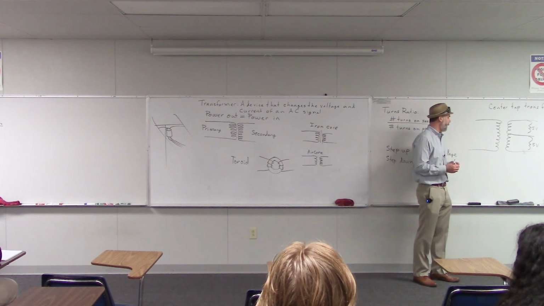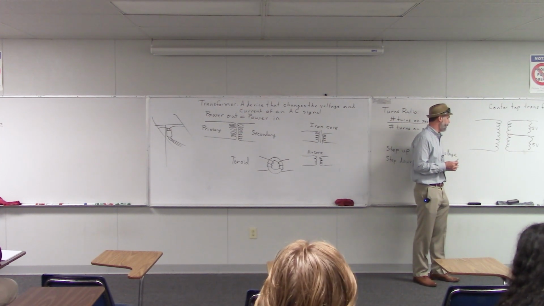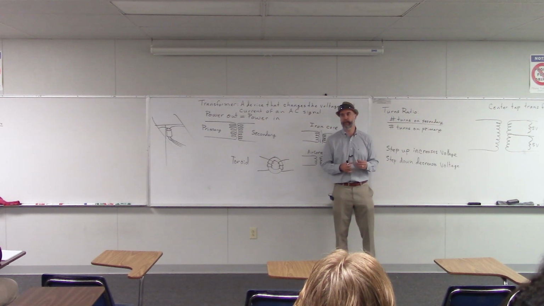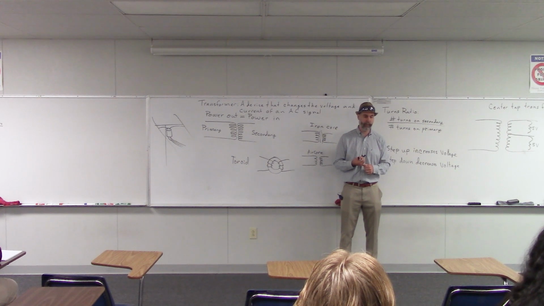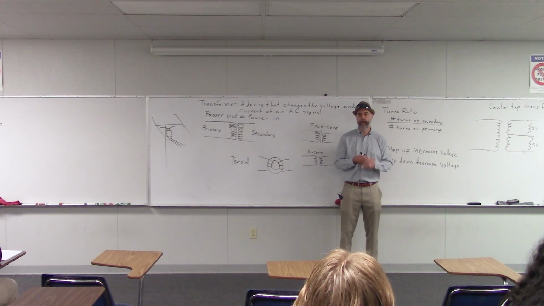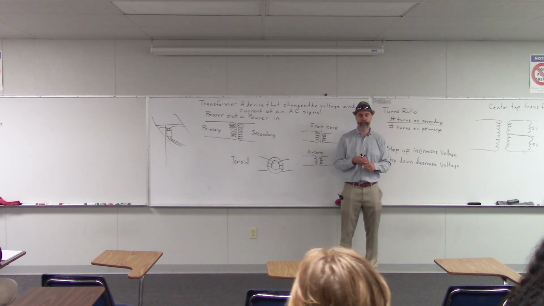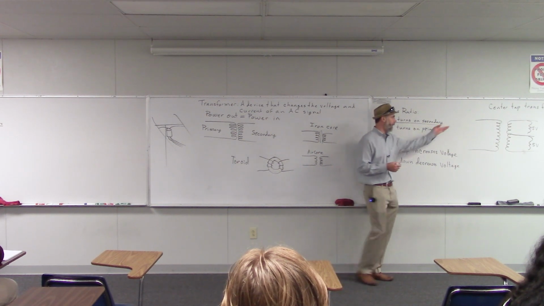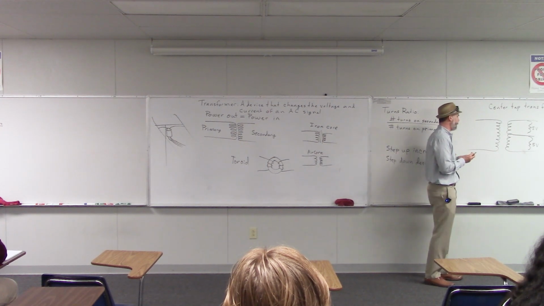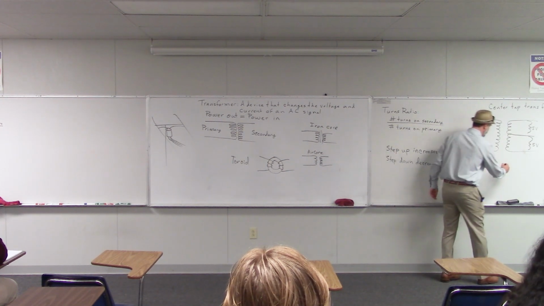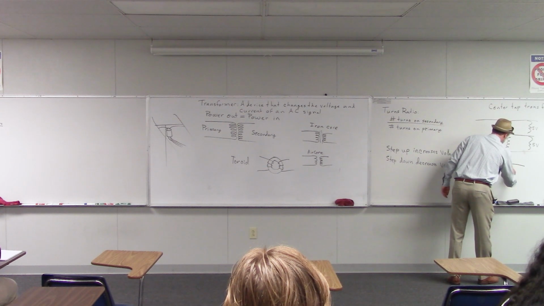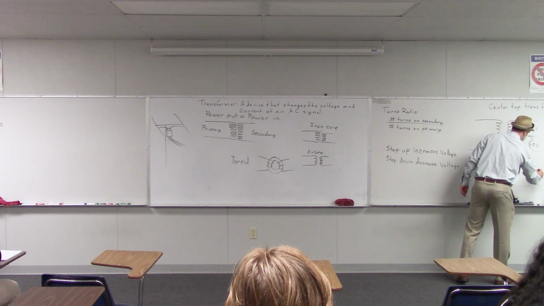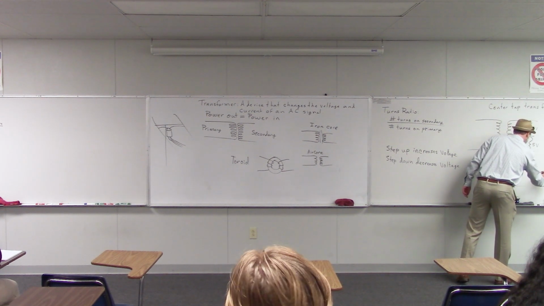Also, say you have a computer that needs different voltages for different things. Maybe it needs 3.3 volts for the processor, 5 volts for some of the LEDs, and maybe 12 volts for the fan. What you can do is have a secondary coil that has several taps on it. Let's say the maximum voltage that you need was 12 volts.